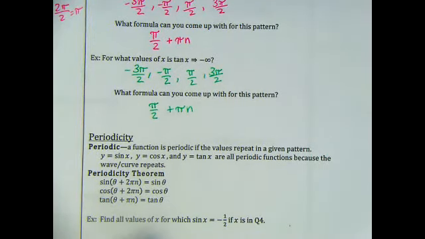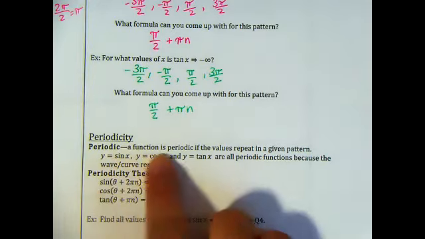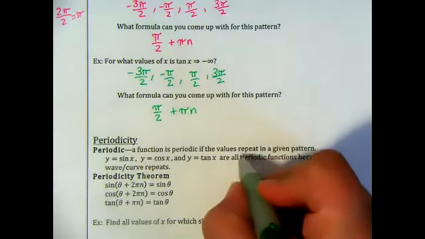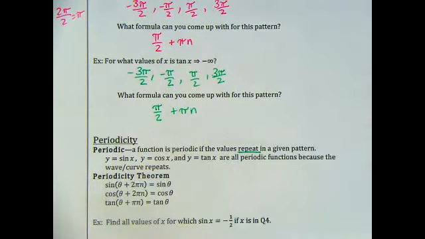Periodicity is when you have functions that are periodic. What does that mean, Miss Kate? A function is periodic if the values repeat in a given pattern, as we've seen with sine, cosine, and tangent. So sine, cosine, and tangent are all periodic functions. The values repeat in a given pattern.